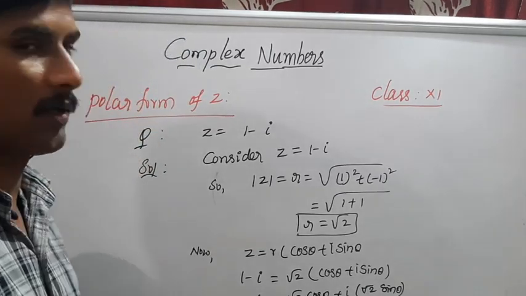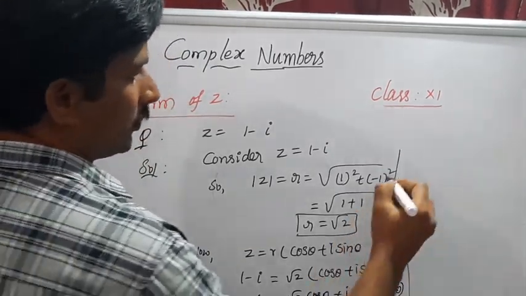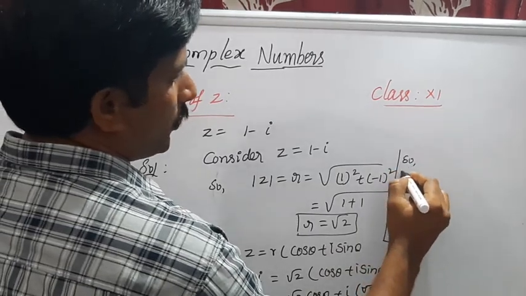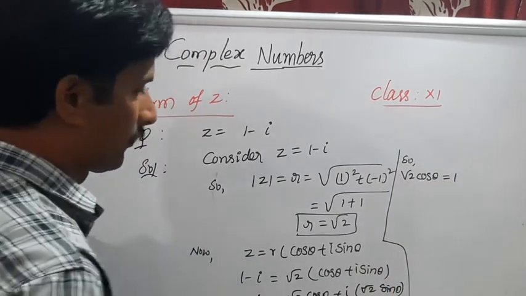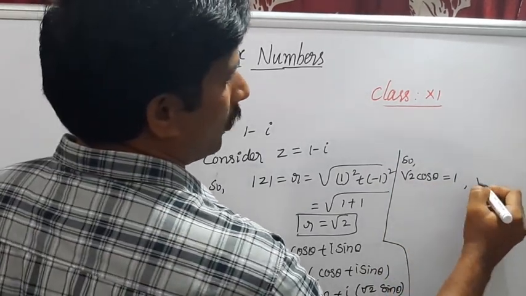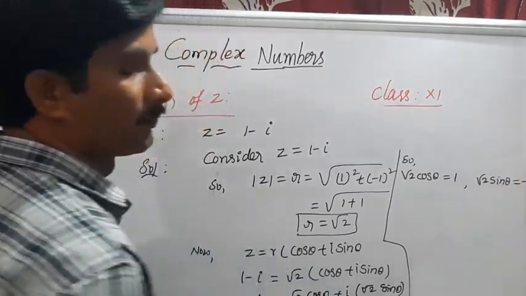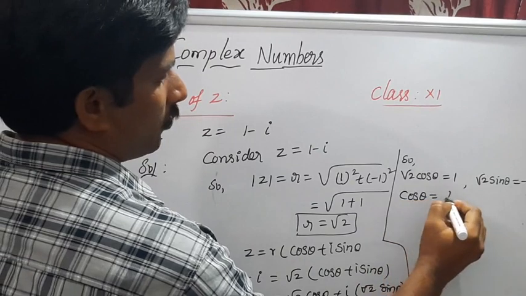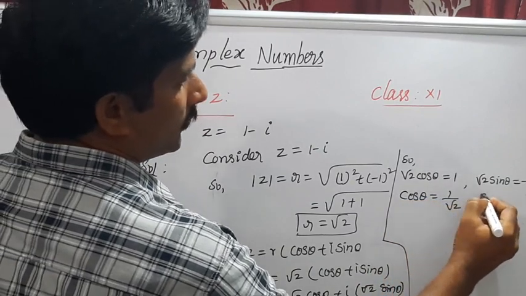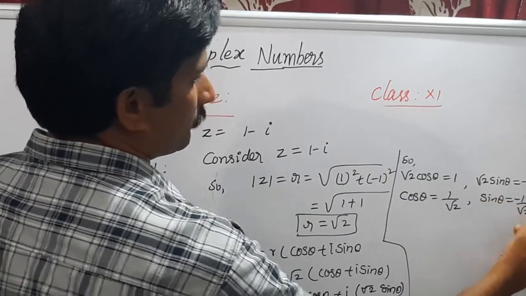Now we have to compare the coefficients on both sides, then we get root 2 into cos theta is equal to 1 and root 2 into sin theta is equal to minus 1. So cos theta is equal to 1 by root 2, sin theta is equal to minus 1 by root 2.